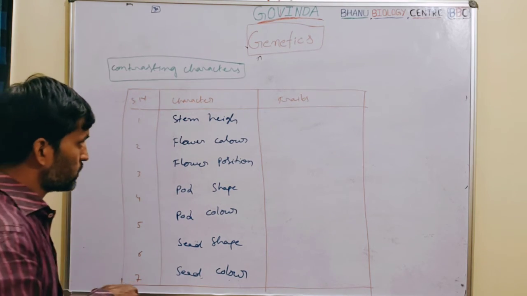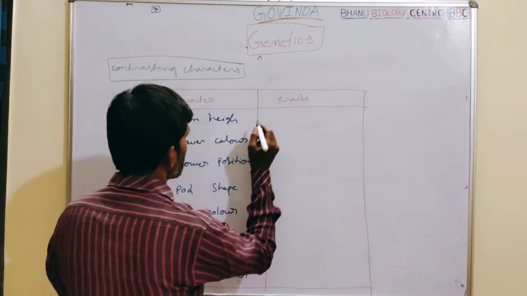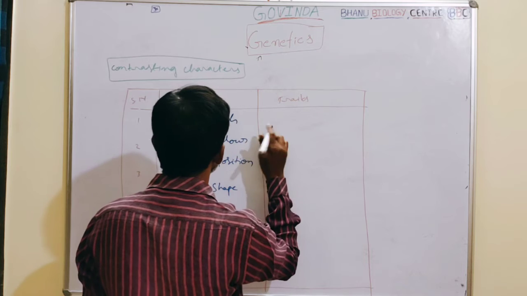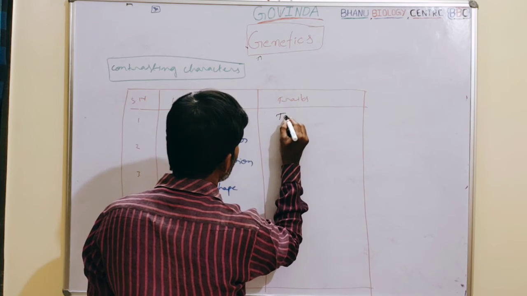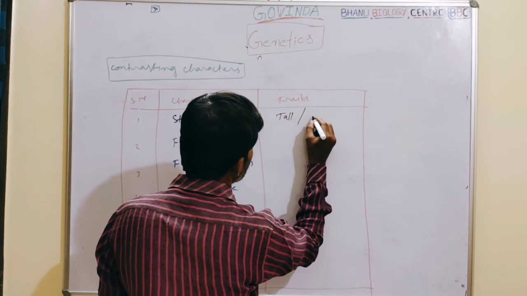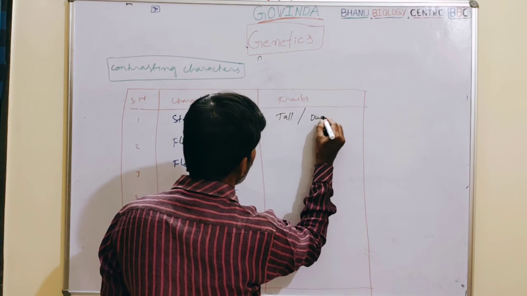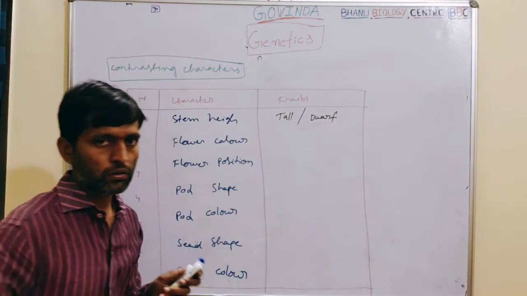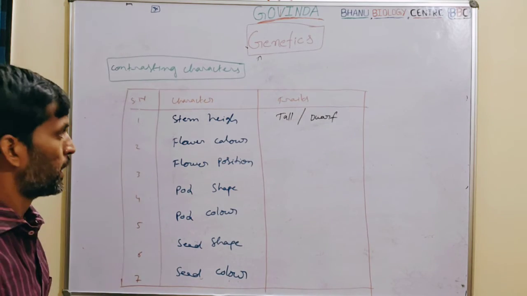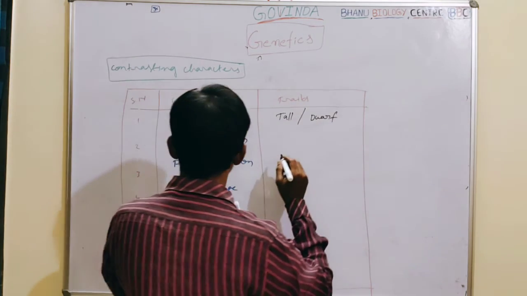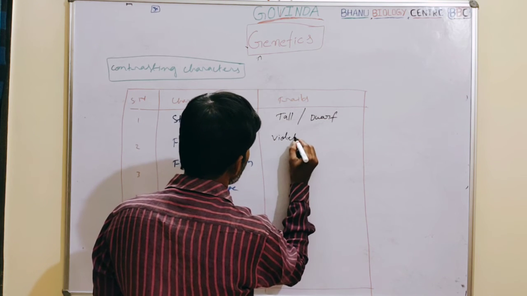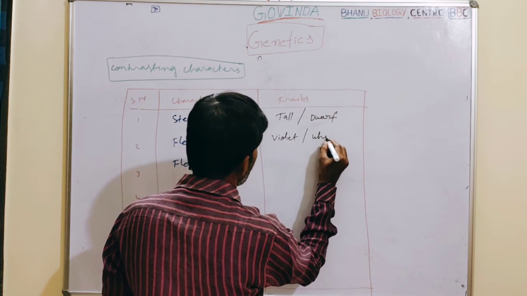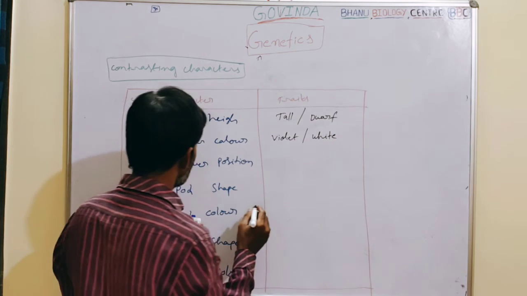So let us see the traits. Stem height. There are 2 traits. One is tall. The second one is dwarf or short. Dwarf is nothing but a short plant. The flower color: violet. Another one is white color flower.